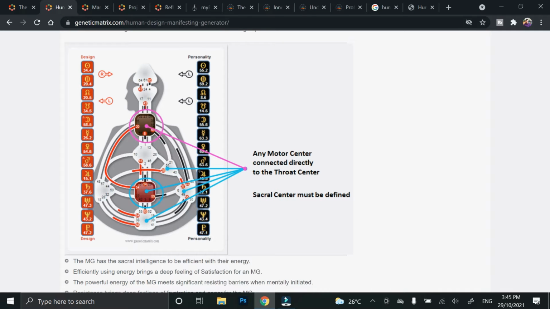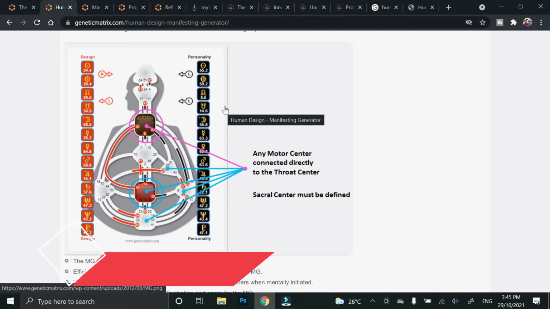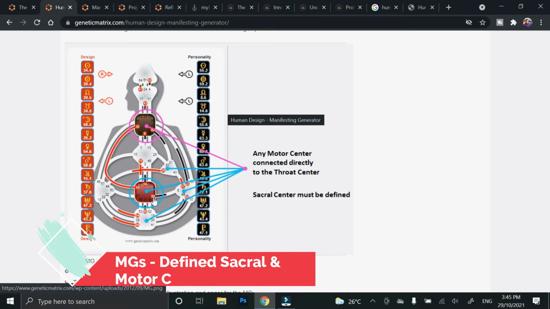So looking at the manifesting generator, next we have our manifesting generator. With an MG, you know it's an MG for 2 reasons. Number 1, same thing, there will be a defined sacral center. In contrast to generators, there will be a motor center that connects to the throat.